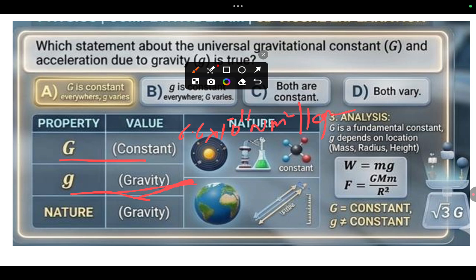On Earth, g is 9.8 meter per second square; on the Moon, 1.67 meter per second square. So the value of g changes from celestial body to celestial body, whereas G remains constant. G, capital G, is a fundamental constant. Small g depends on location, that means mass, radius, height.